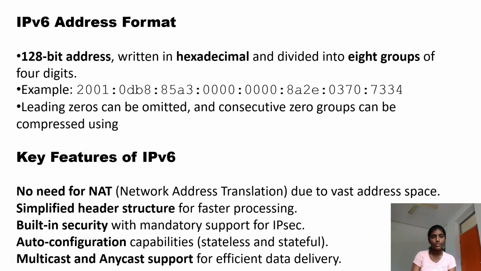Key features of IPv6 are no need for NAT due to vast address space, simplified header structure for faster processing, built-in security with mandatory support of IPsec, auto-configuration capability. It may be stateful or stateless, multicast and anycast support for efficient data delivery.